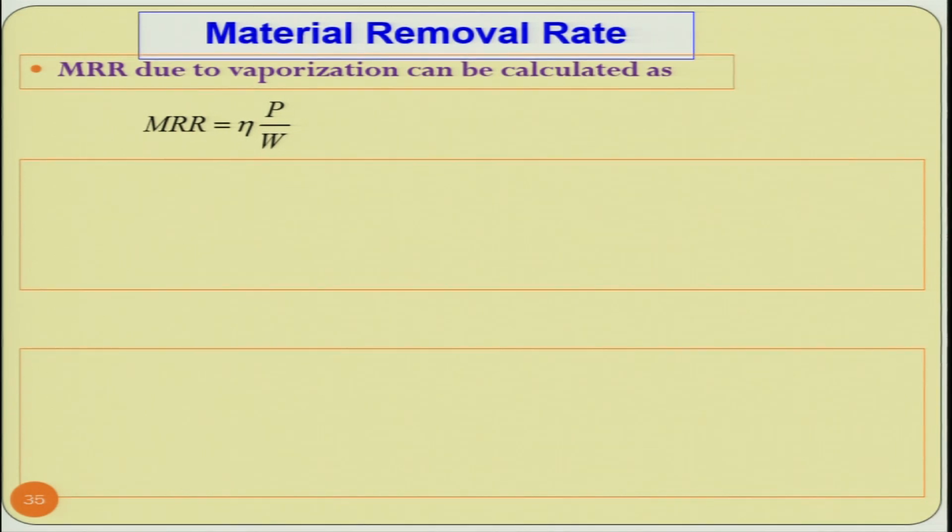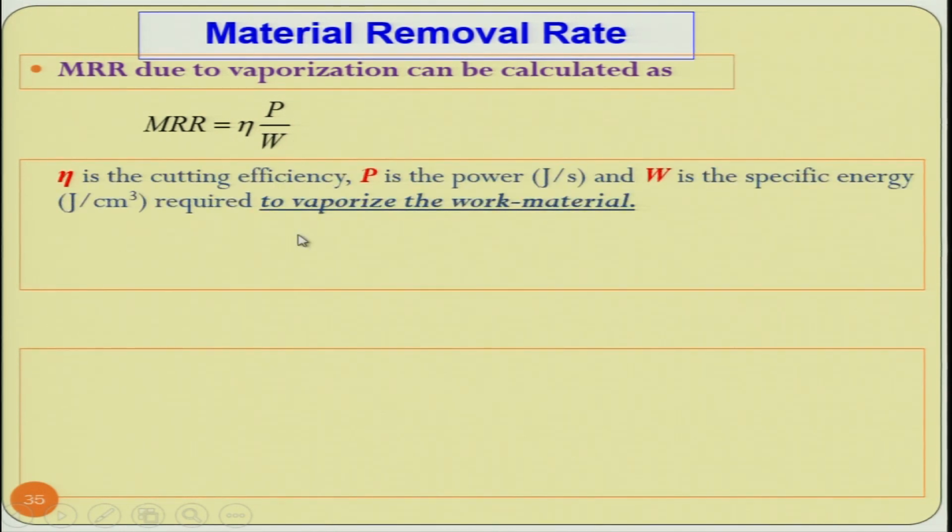MRR due to vaporization can be calculated as follows: material removal rate is equal to zeta into P over W. Now, here zeta is cutting efficiency or machining efficiency, P is the power in joules per second, and W is the specific energy in joules per cubic centimeter required to vaporize the workpiece material.